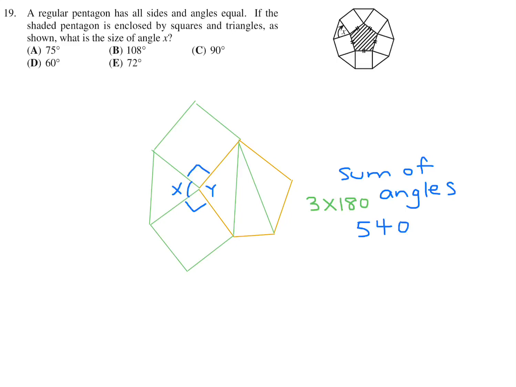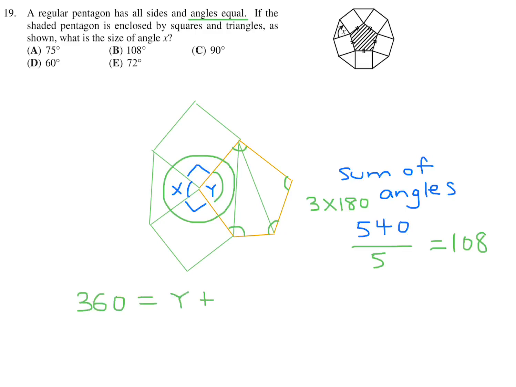All the angles of this pentagon are going to be equal, and it even tells you that angles are equal. So there's 5, right? 1, 2, 3, 4, 5. So 540 divided by 5. Therefore, each of those angles is 108. Now, if you look all the way around, the total is always 360, right? So 360 is equal to Y plus 90 degrees, which is this right angle, plus X plus this 90 degrees.